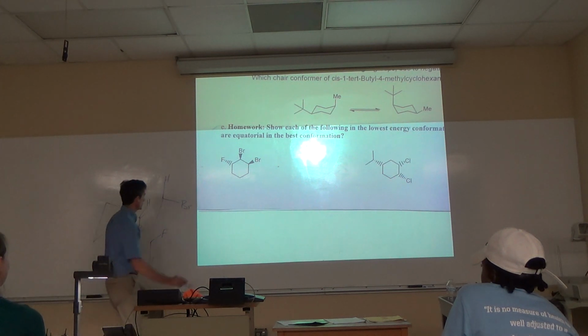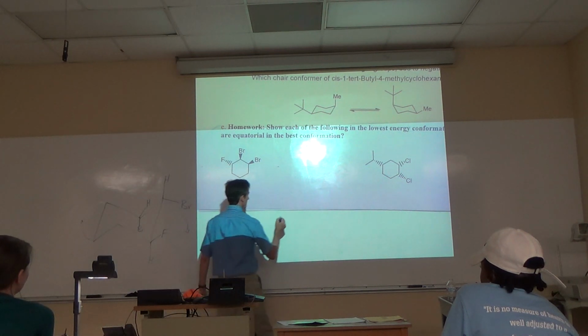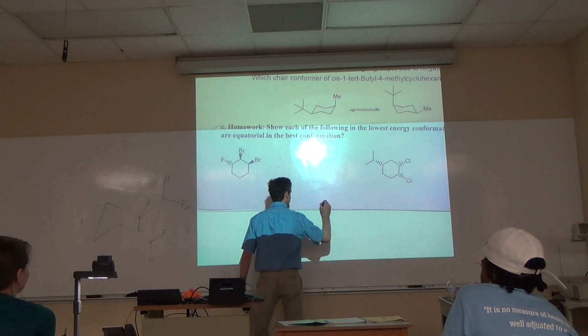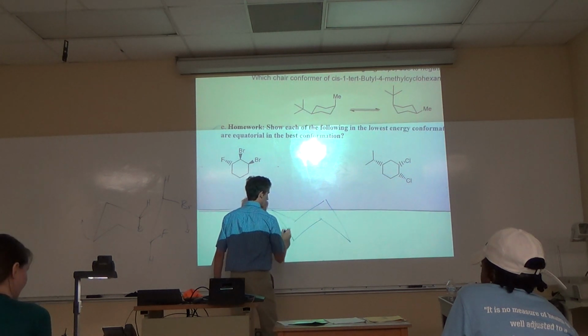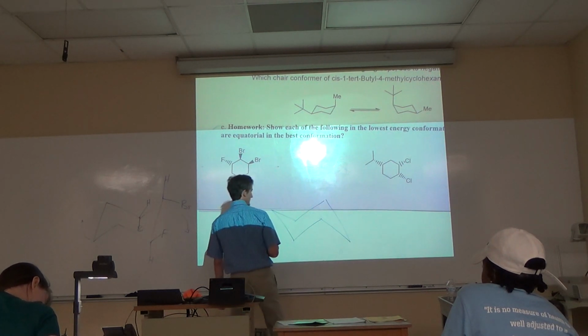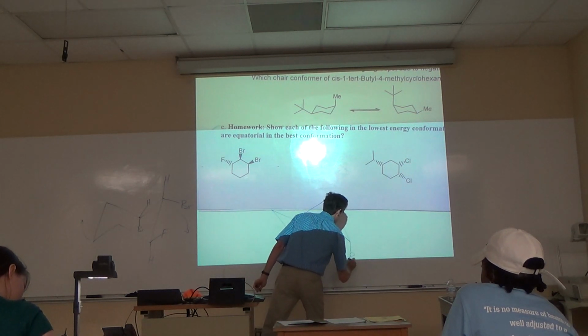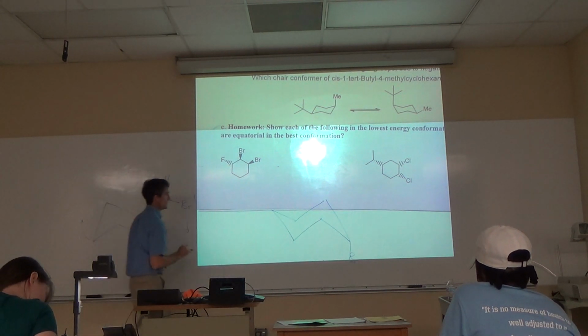Let's do a ring flip real quick. Let's pull this end down, and let's move this end up. That would be not like this, but like this. Is that right? That point actually comes down. Bromine here. Let's call that bromine 1, and that's bromine 2.